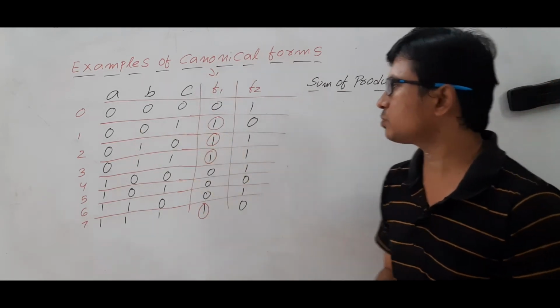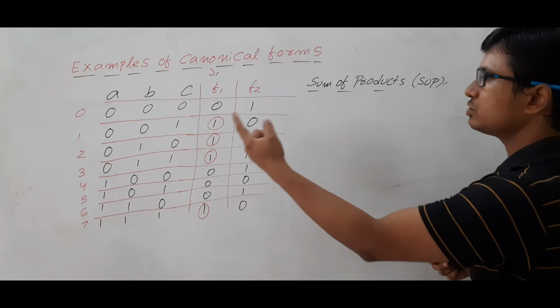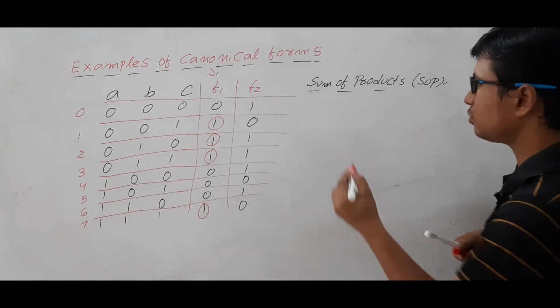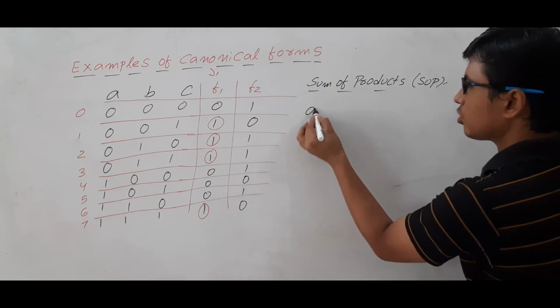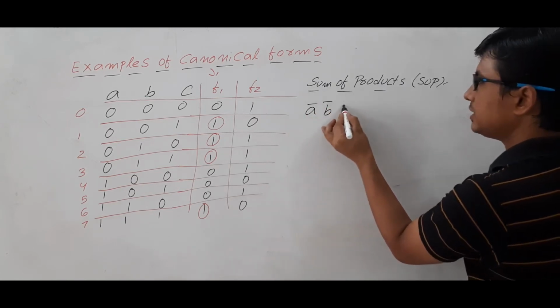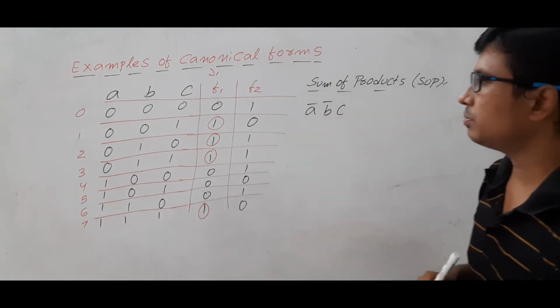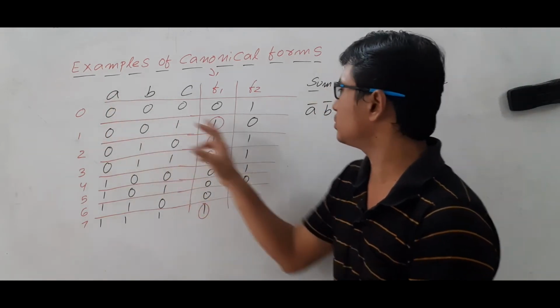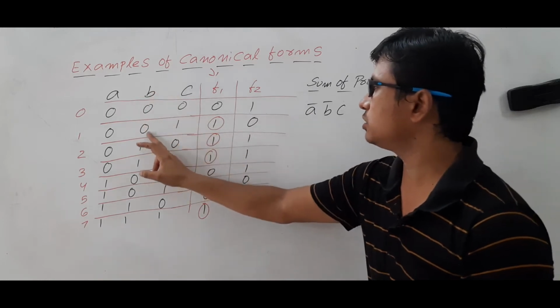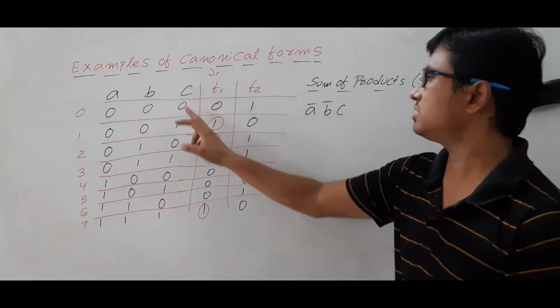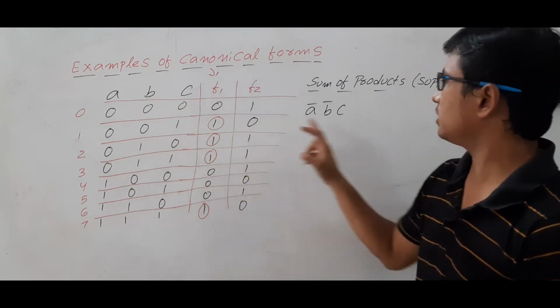So for what is this producing output as 1? It is 0, 0, 1. So 0, 0, 1, I can represent in the min term as A complement B complement C. Why so? Because A value is 0, so A's complement, and B value is 0, B complement, and C value is 1, so it will be C.